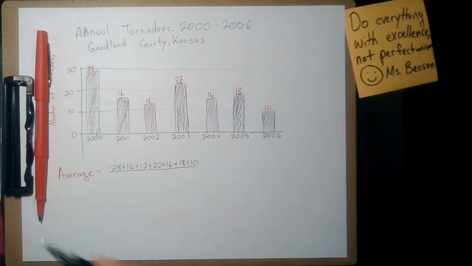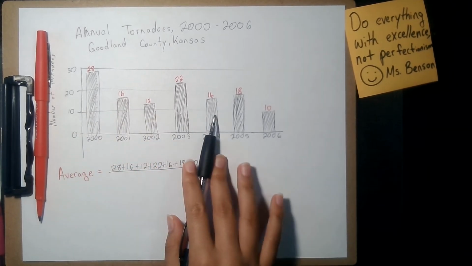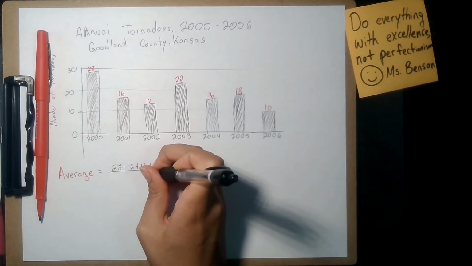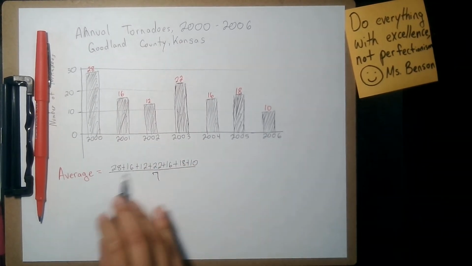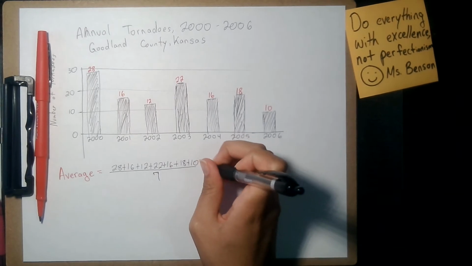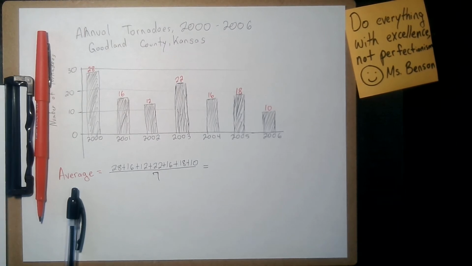And how many years did this include? It was 1, 2, 3, 4, 5, 6, 7. So we're adding all the number of tornadoes over those 7 years. If we add all of this up, we get 68.